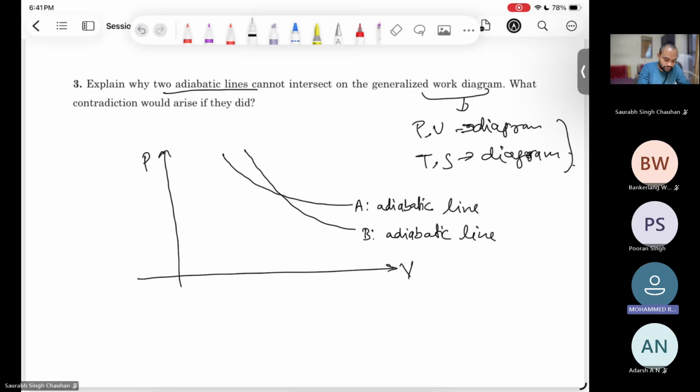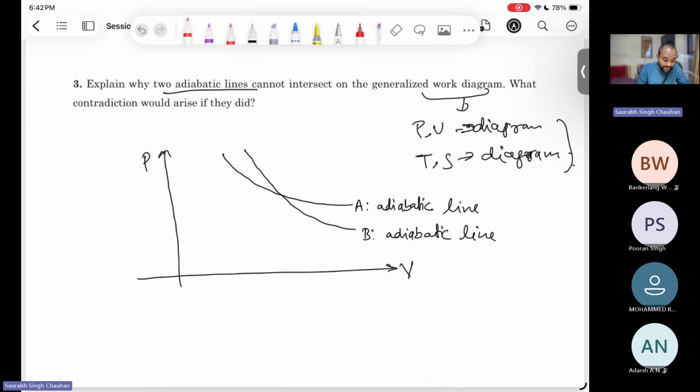It will not, sir. And why is it not possible? If two lines are adiabatic lines, then the slope will be the same, sir. I think the slope will be same.